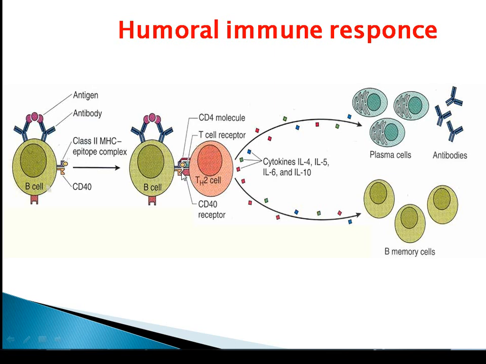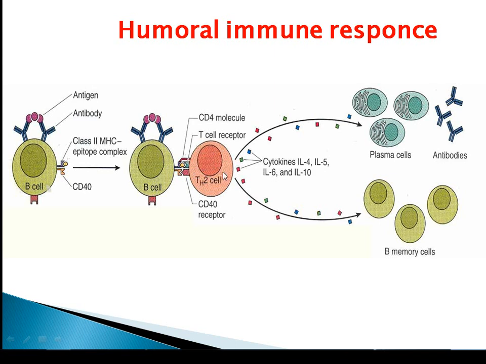In the second step, the T helper cell CD40 receptor has to be bound to the CD80 molecule on the surface of the B cell, so the signal is performed and the T helper cell is activated.